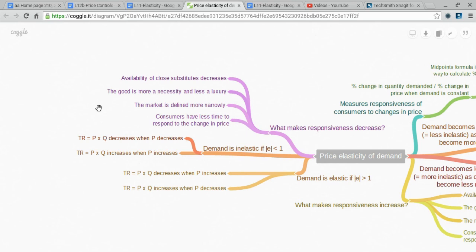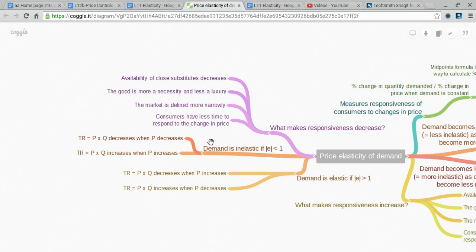Now, the final point, we've talked about more elastic and less elastic. Those are comparisons between two different elasticities. We also talk about whether a demand is elastic or inelastic. This is an absolute judgment. Demand is inelastic if the absolute value of elasticity is less than 1.